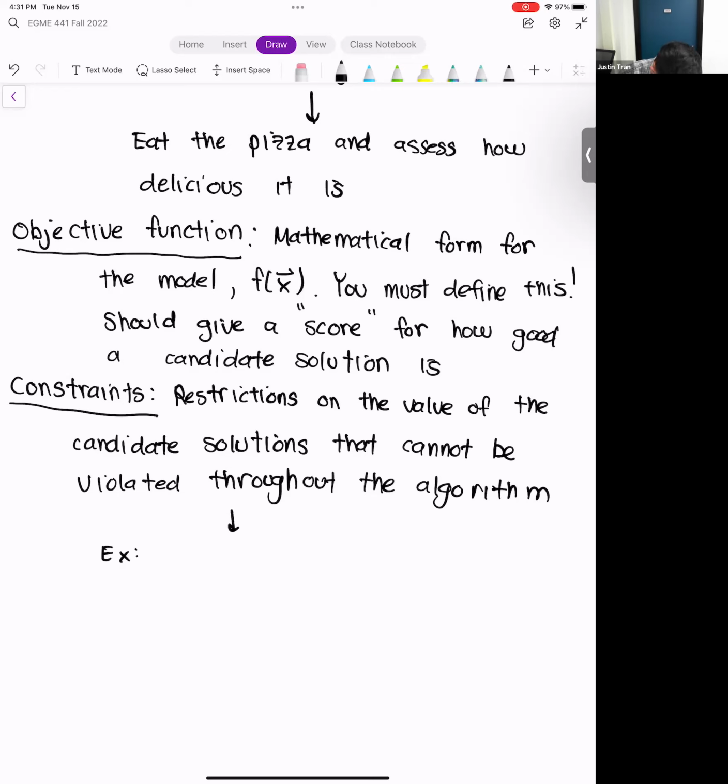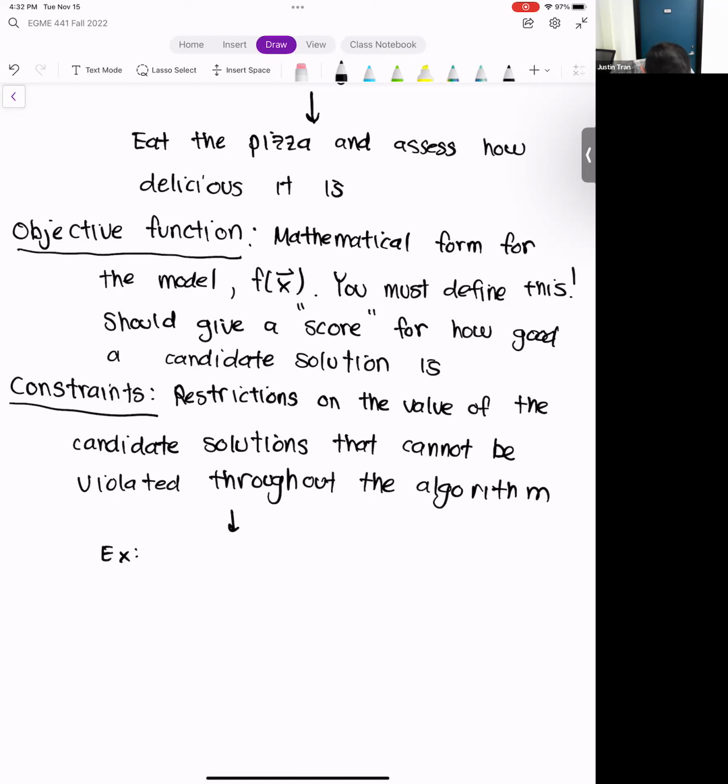So for an example, one that we are going to do very soon for the muscular forces is we want to make sure that the muscles can only contract. What we learned is that muscle can only contract and so can only provide a tensile force.